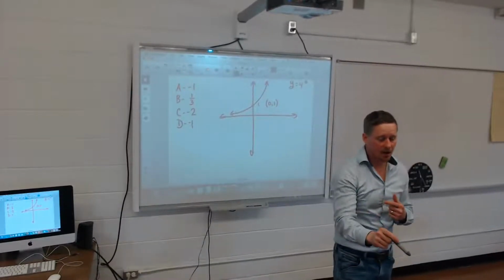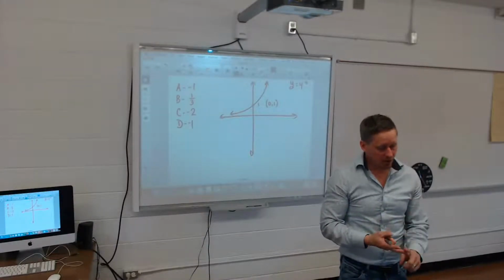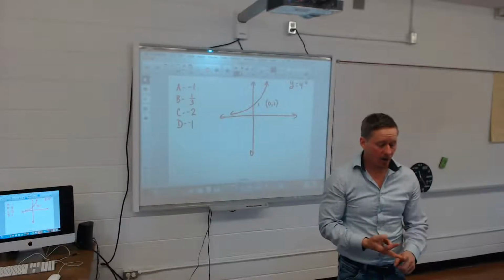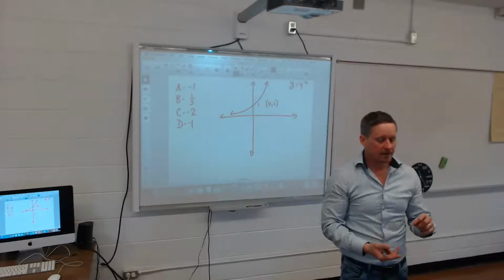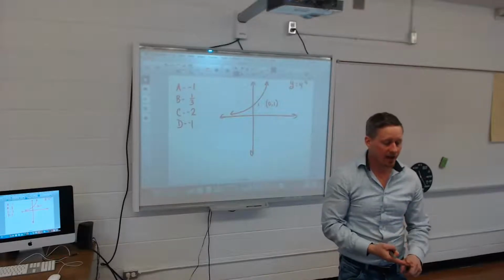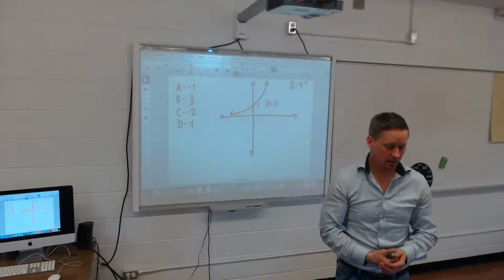So let's talk about that. There are 2 ways to do this. The first is to multiply your y values by -1 in this case. The second is to say it's a reflection over the x-axis.